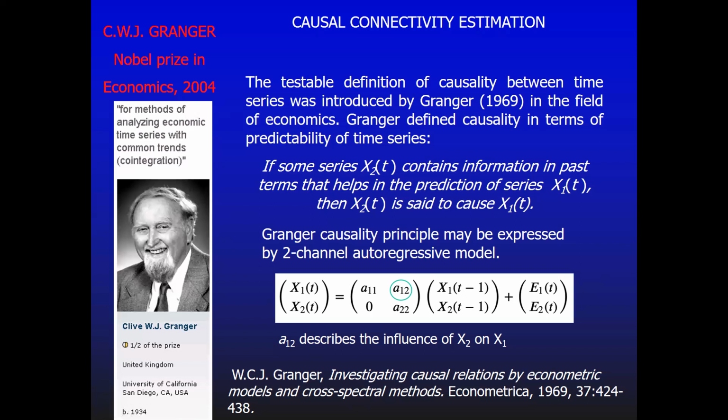Granger causality principle may be expressed by a two-channel autoregressive model, which means that X1 can be predicted not only by the preceding samples of signal X1, but also by the samples of signal X2. This is the A12 coefficient.